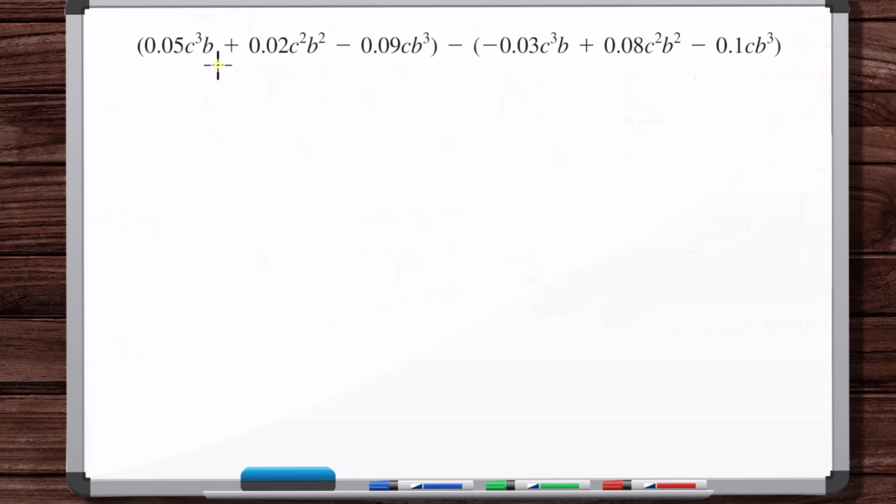And yeah, this is a good example of where it's easy to get confused and think, well, okay, c cubed b and cb cubed, that's like terms, but no. If we think about all the potential points, that would be the CB plane, you can choose any CB pair in this entire plane.